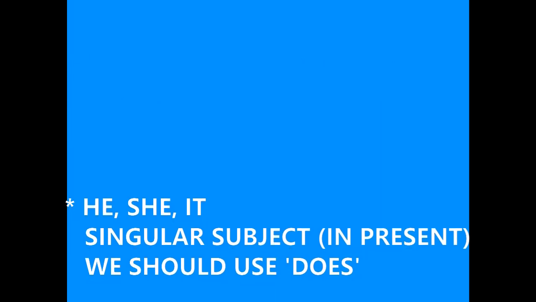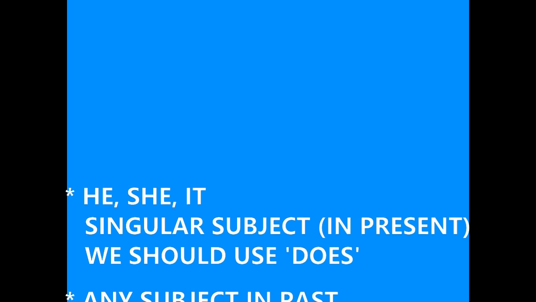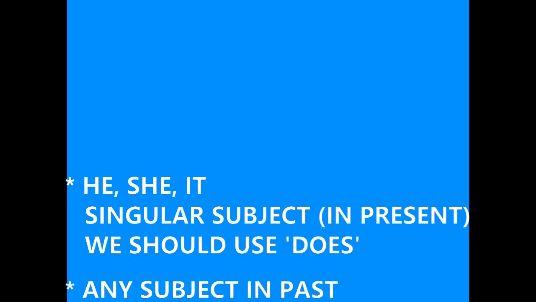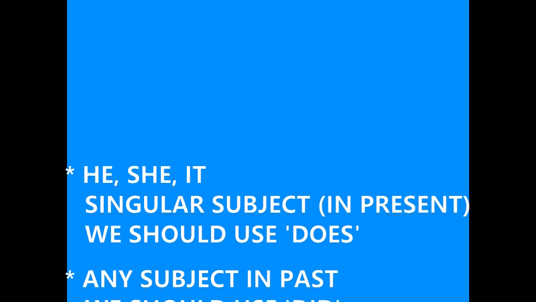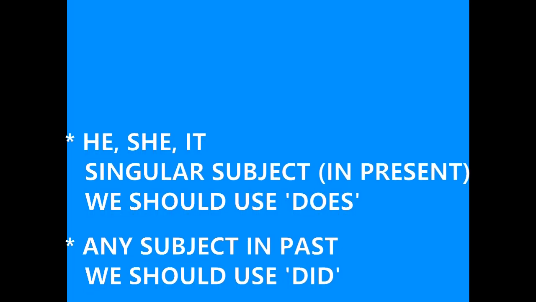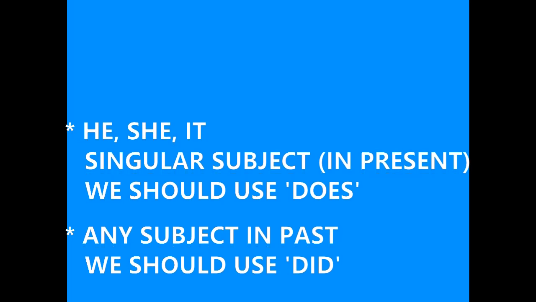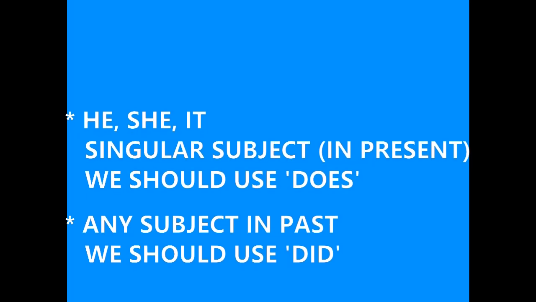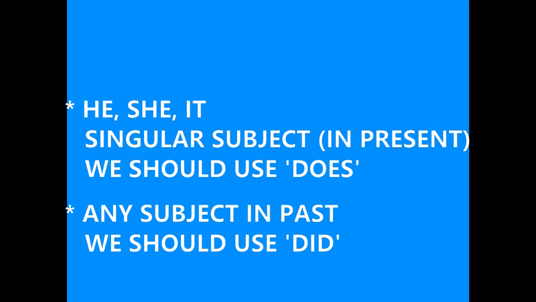At the same time, when he, she, it or any singular subject comes, that too in present tense, you have to use does to form questions. And when any subject comes and that too in past, you have to use did to make past questions.